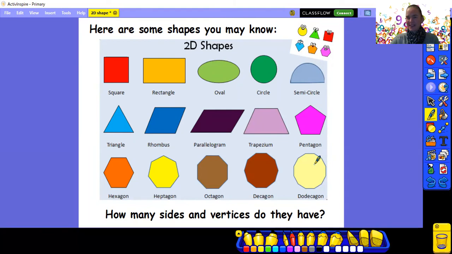That was a tricky one to say, wasn't it? Dodecagon.